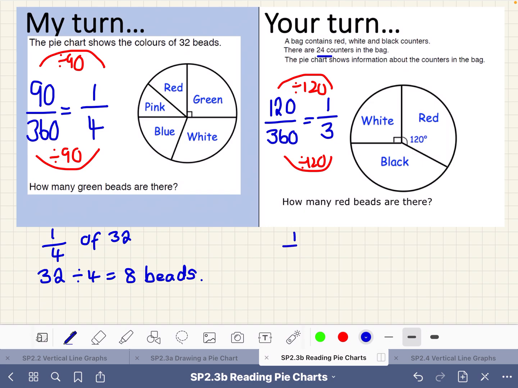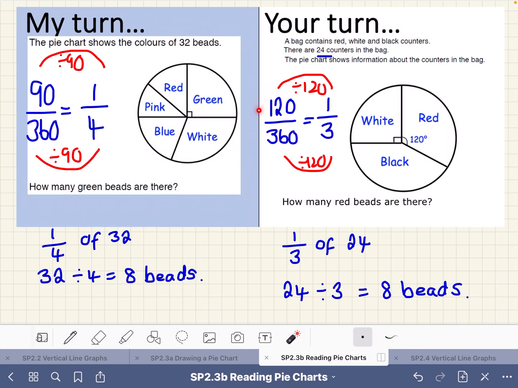This means I want 1/3 of the 24, which means I'm taking 24 and I'm dividing it by 3. And in this case, we also have 8 as a number of beads, which is purely coincidental. So remember, identify the fraction, simplify the fraction, and then work out the fraction of the amount.